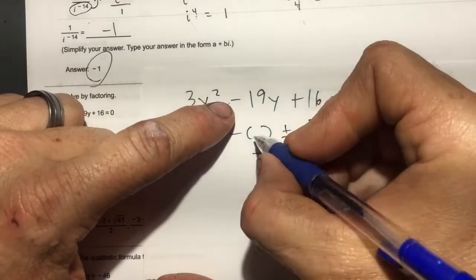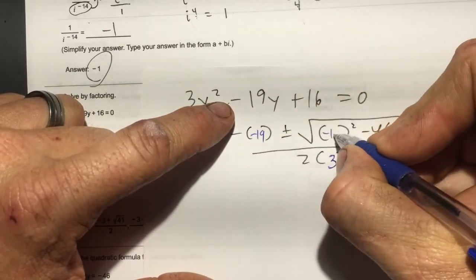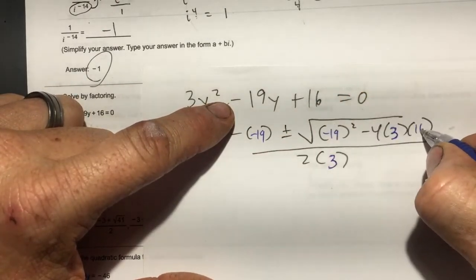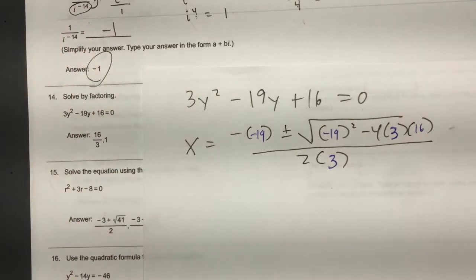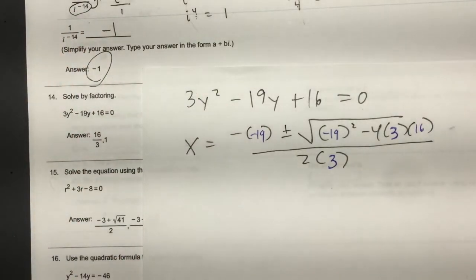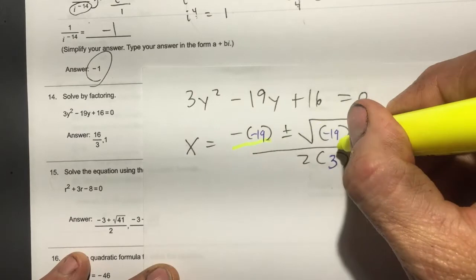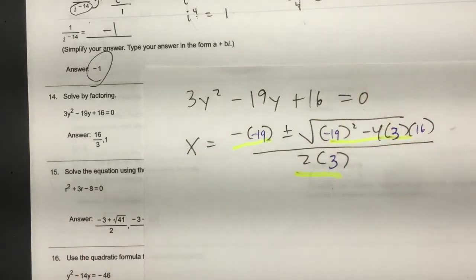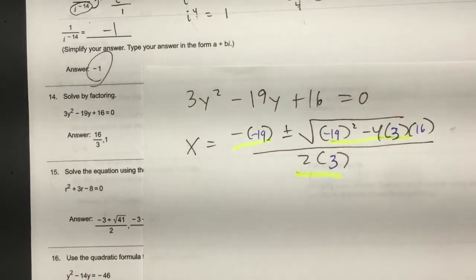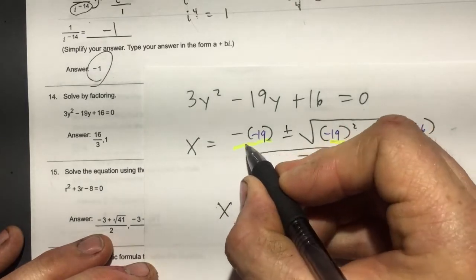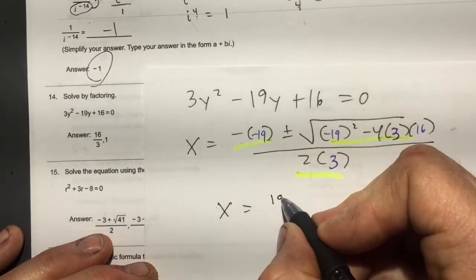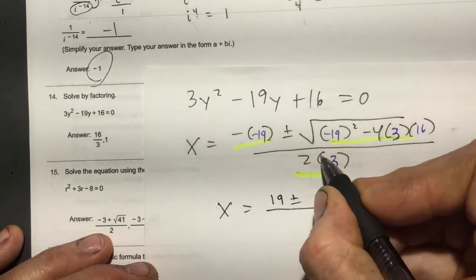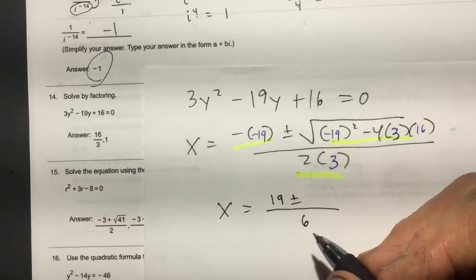My b is negative 19, that goes there and there. And c is 16 down here on the end. Now after you put these in, remember there's 1, 2, 3 things to do here. So x equals, a negative would be a positive 19. Down here, 2 times 3 would be 6.